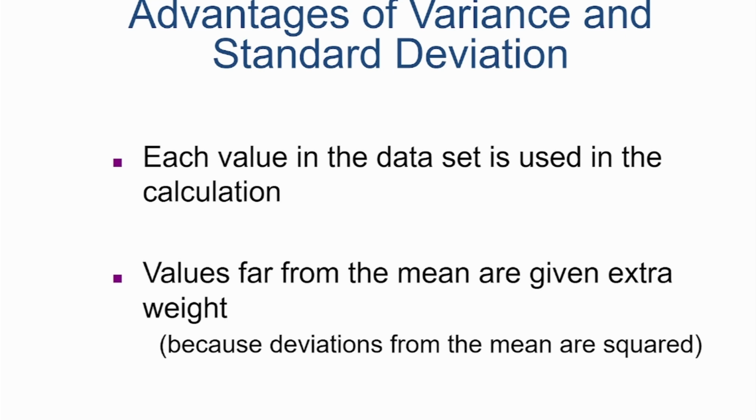The value is very simple. Each value in the data set is used in the calculation, that is one. Now, if you talk about average deviation, which we had in central tendency, here we have deviation squared. When we have deviation squared, the sum of the deviation squares is not 0.